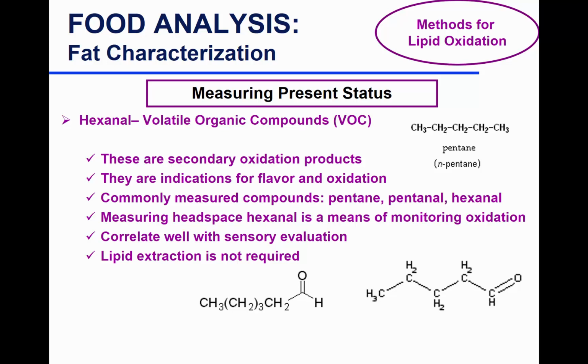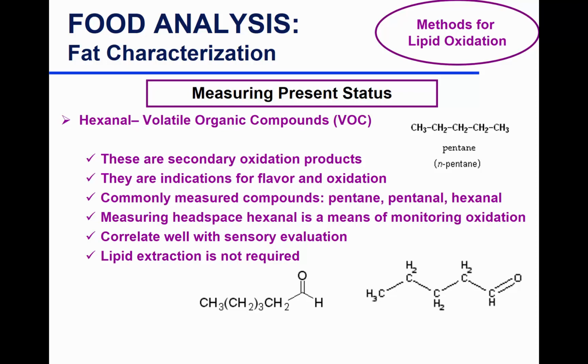Another measurement that is really for secondary oxidation products is to measure the volatile organic compounds. Mostly hexanal was used. You can measure pentanal as well, but hexanal, if it's present, that means you've reached secondary oxidation stage.